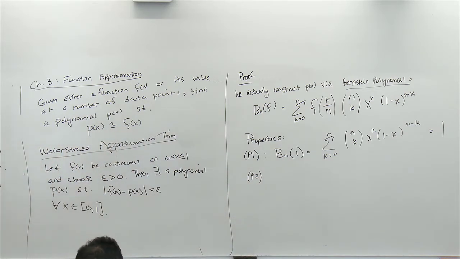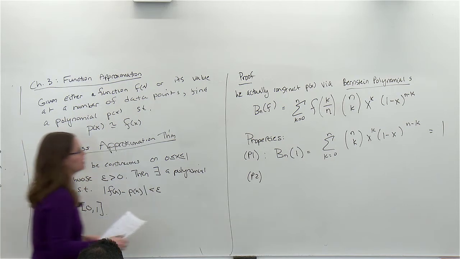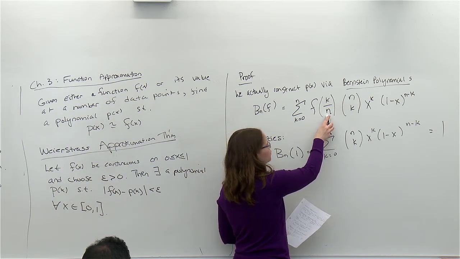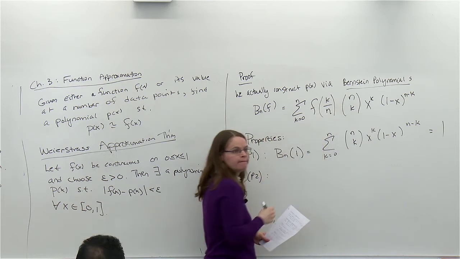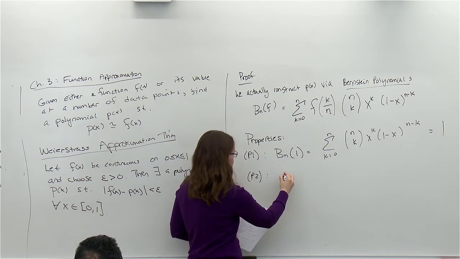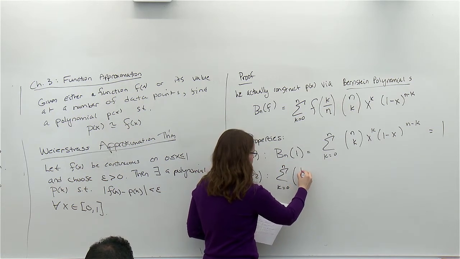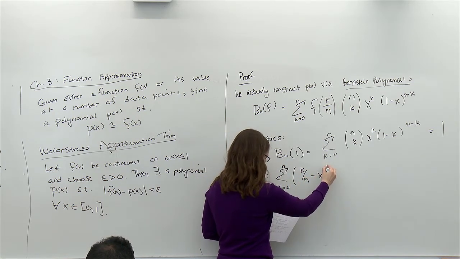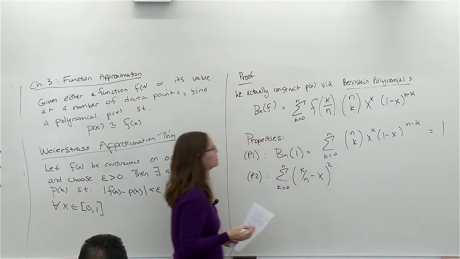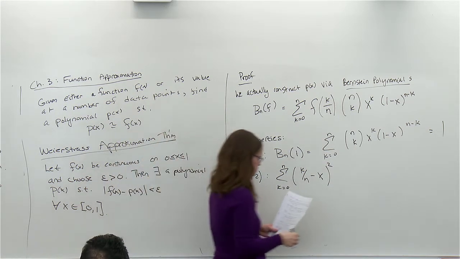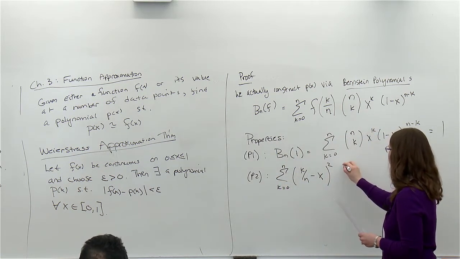Then the other thing we want to check, there's a particular quadratic function that's going to involve these numbers here: the sum for k equals 0 to n of (k over n minus x) squared, and then I repeat everything that's here.